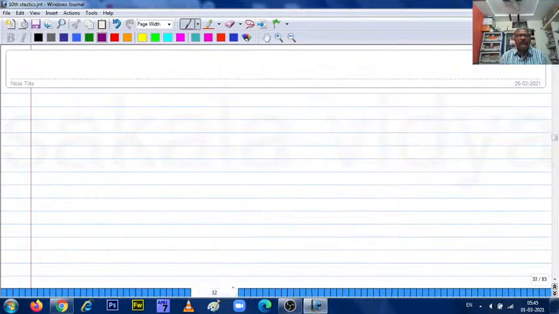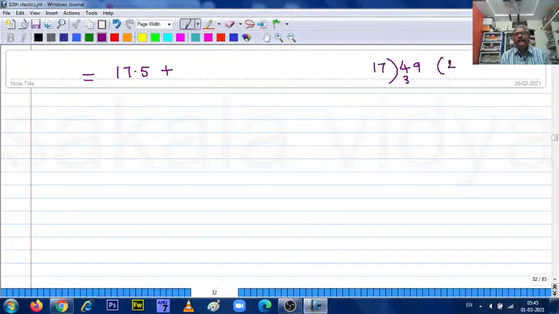So now 17.5 plus 49 divided by 17. 17 2s are 34, subtract, 15 you will be getting, 15 cannot be divisible, put the point here, 17 8s are 136, 17 9s are 153. So 8 times, that will be 136.